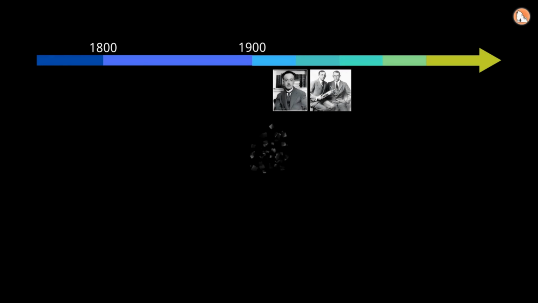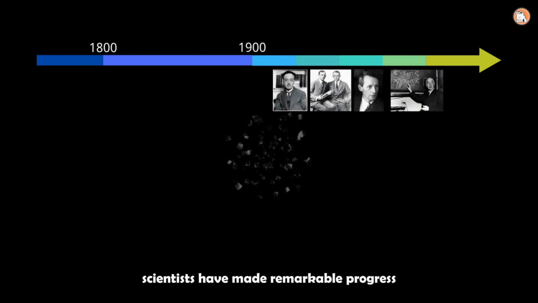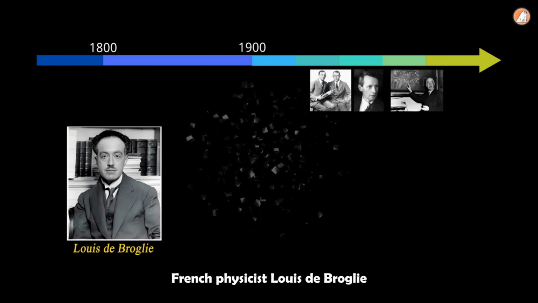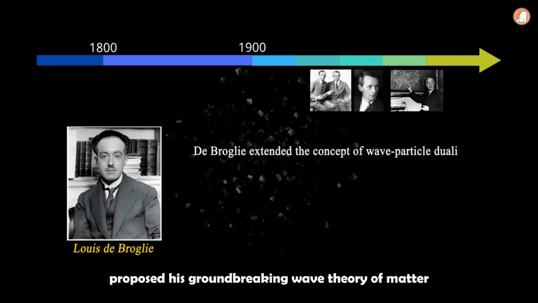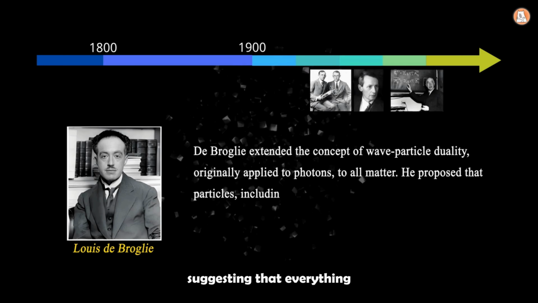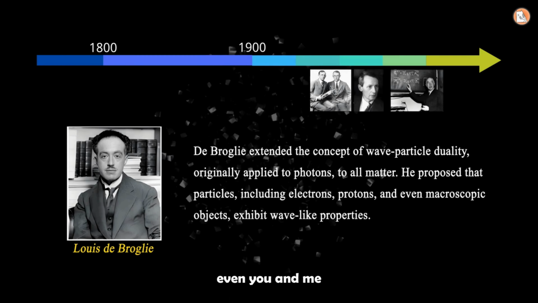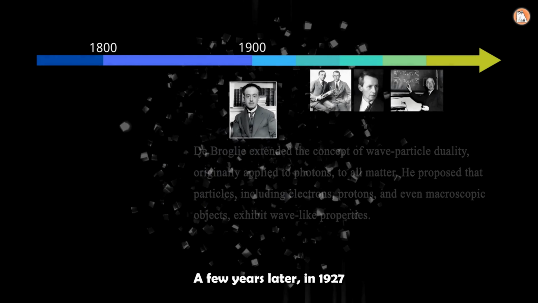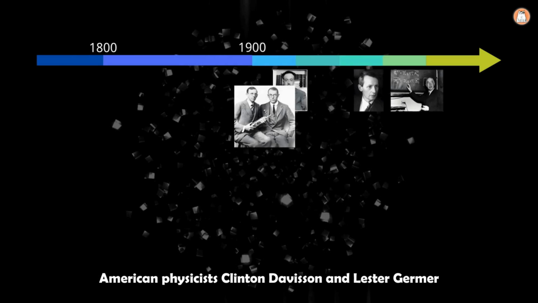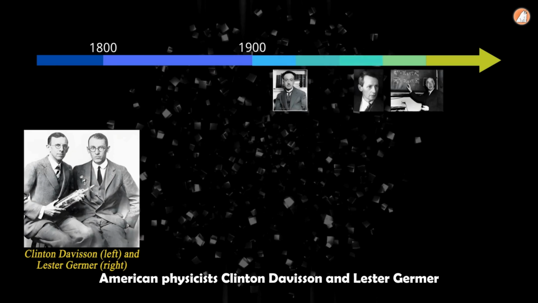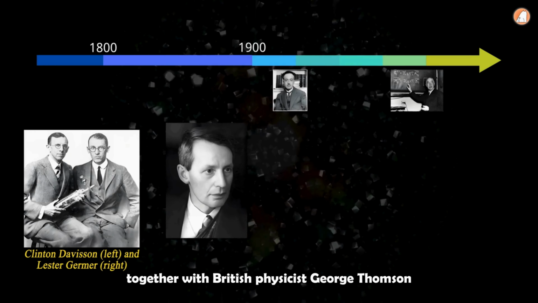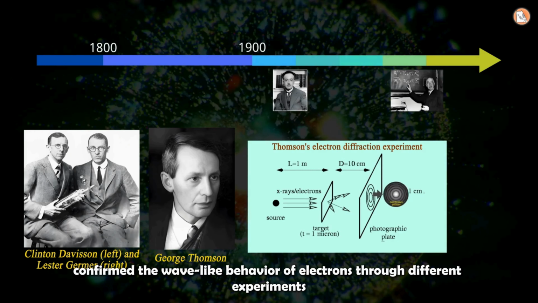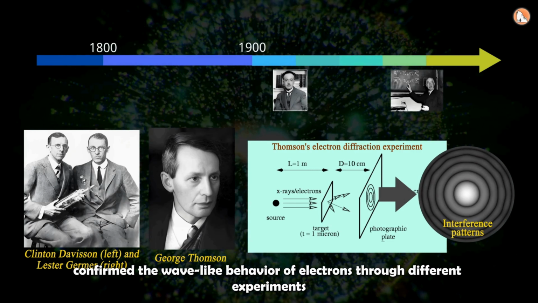Despite the challenges, scientists have made remarkable progress. Back in 1924, French physicist Louis de Broglie proposed his groundbreaking wave theory of matter, suggesting that everything, even you and me, has both wave and particle properties. A few years later, in 1927, American physicists Clinton Davisson and Lester Germer, together with British physicist George Thomson, confirmed the wave-like behavior of electrons through different experiments.